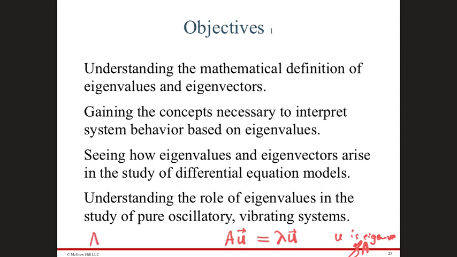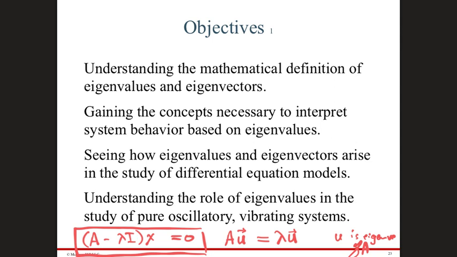solve this problem, A minus lambda I multiplied by some vector x is equal to 0. The trivial solution is that x is equal to 0, but you are trying to look for all the other solutions where x is not equal to 0.